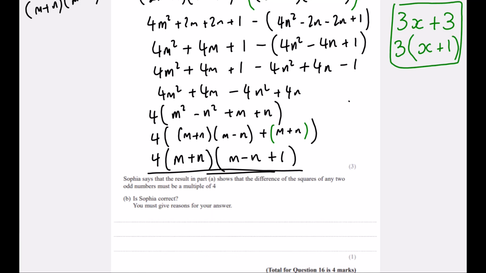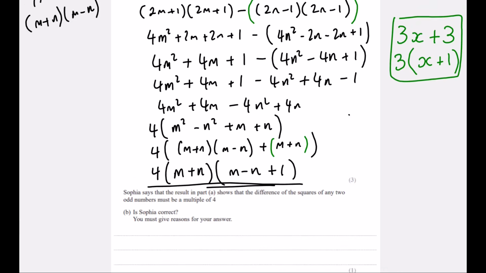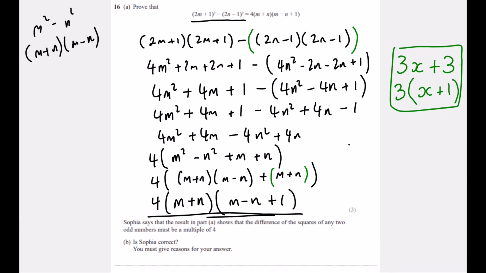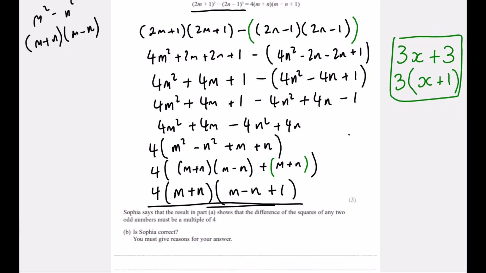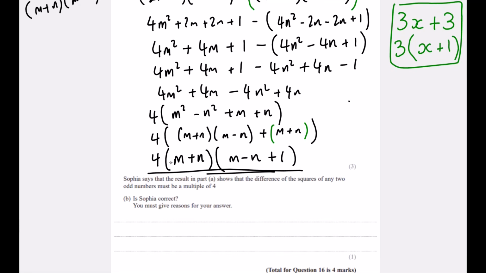Sophia says that the result in part A shows that the difference of the squares of any two odd numbers must be a multiple of 4. Is she correct? So yep, this is two odd numbers, and it's the difference of the squares of them, and it's a multiple of 4.